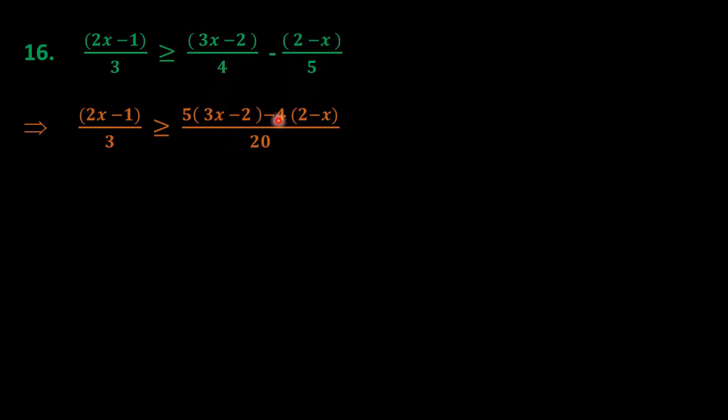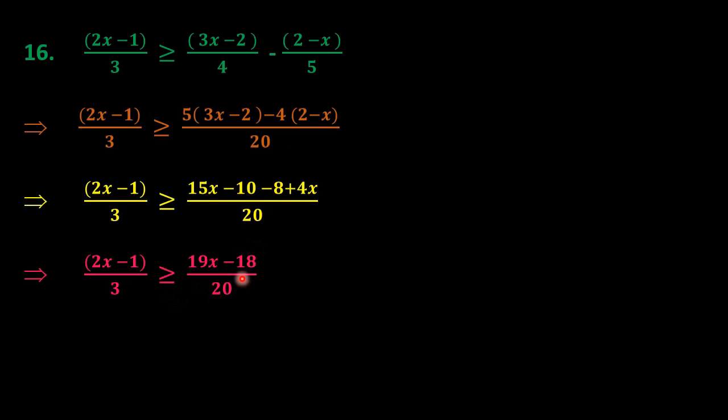So we open the bracket here on the right hand side. Again here we simplify. 15x plus 4x is 19x, minus 10 minus 8 is minus 18. In the right hand side it will be 19x minus 18 by 20.